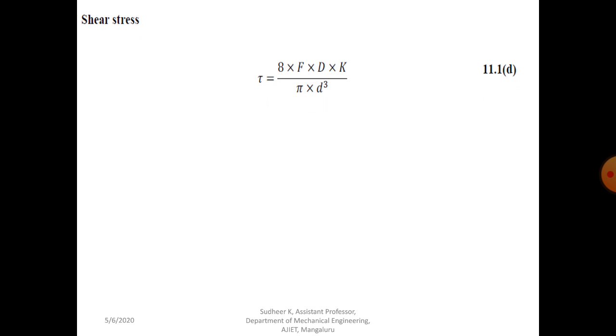Now you have to find one of the important things, that is shear stress, which can be calculated with the help of equation 11.1d. That is tau equal to 8 F into D into K divided by pi into d cube. Before finding this, we have to find K. For that we have to find C first.